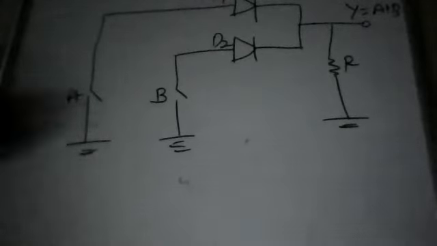Y equal to A plus B. So D1 and D2 both are diodes, A and B are the inputs, and Y is the output. From this diagram, depending on the inputs, D1 and D2 give the output.